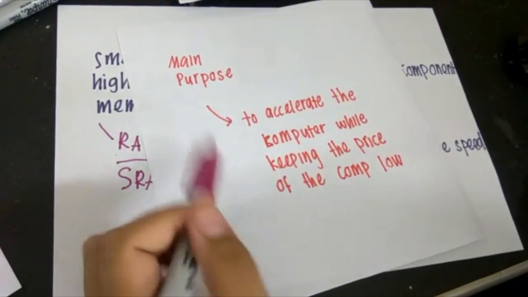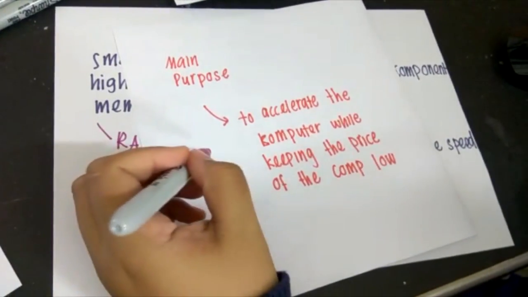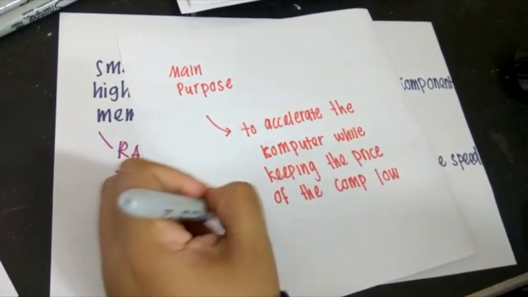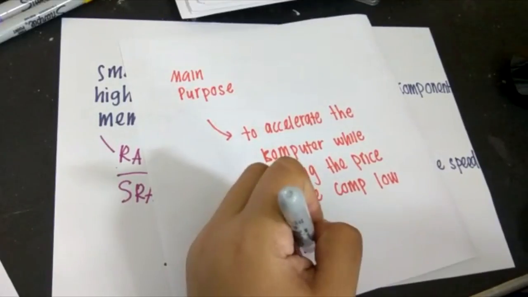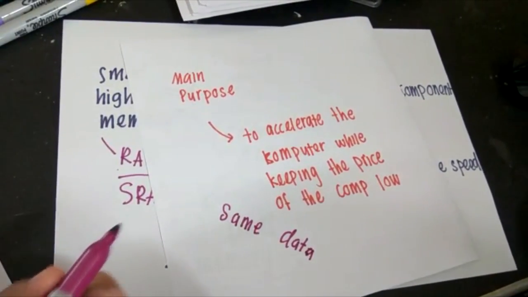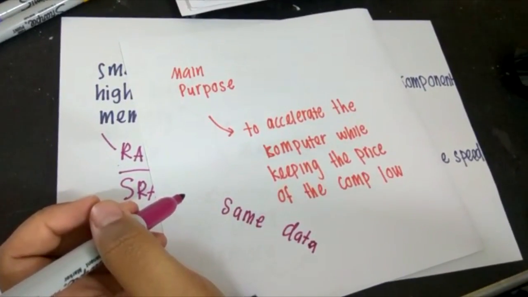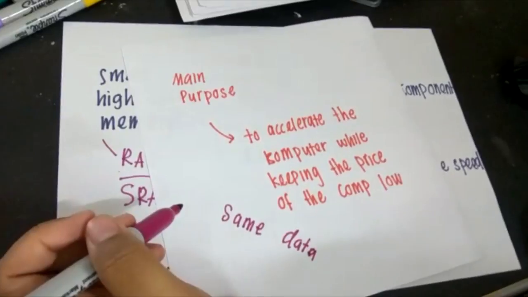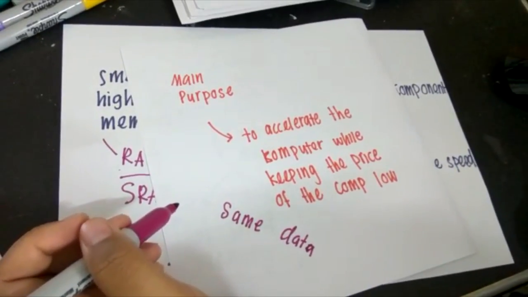Memory caching is effective because most programs access the same data or instructions over and over. By keeping as much of this information as possible in SRAM, the computer avoids accessing the slower DRAM.